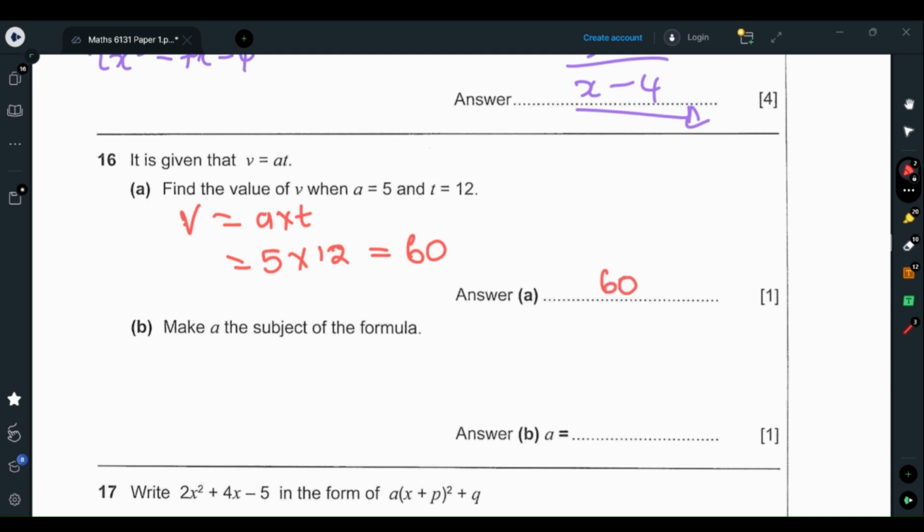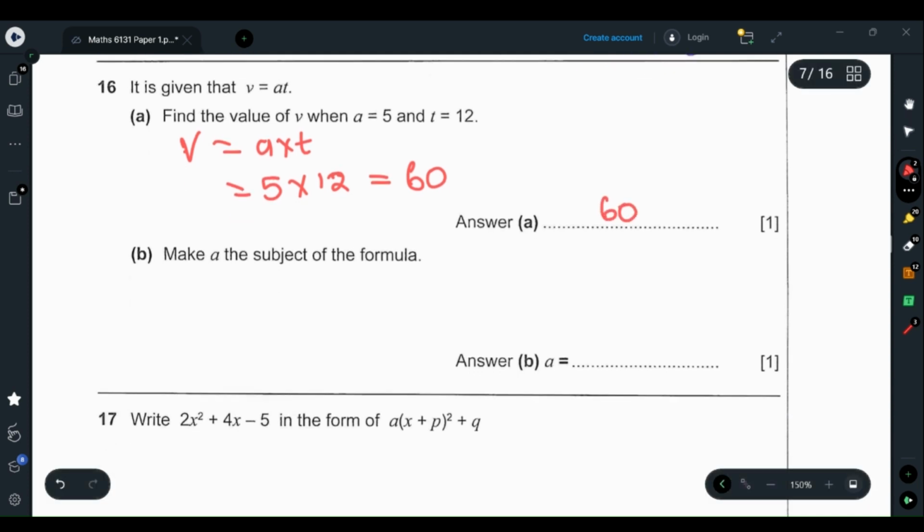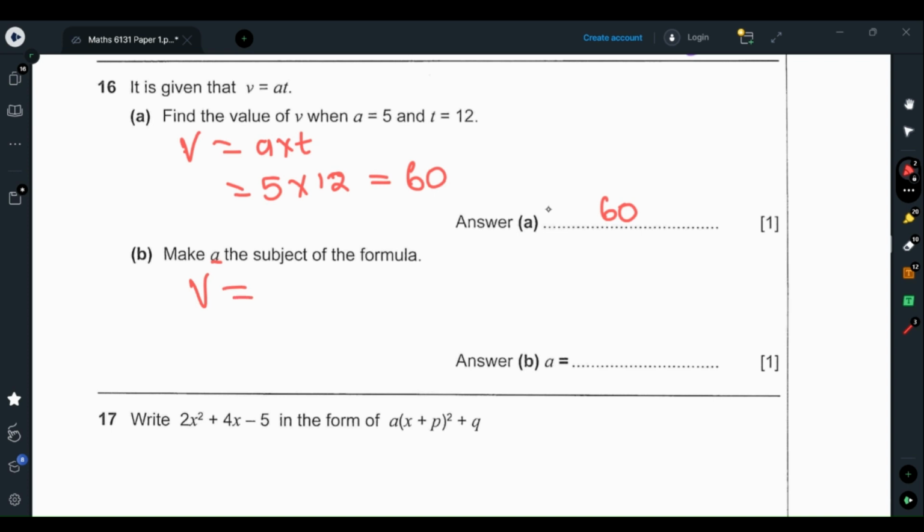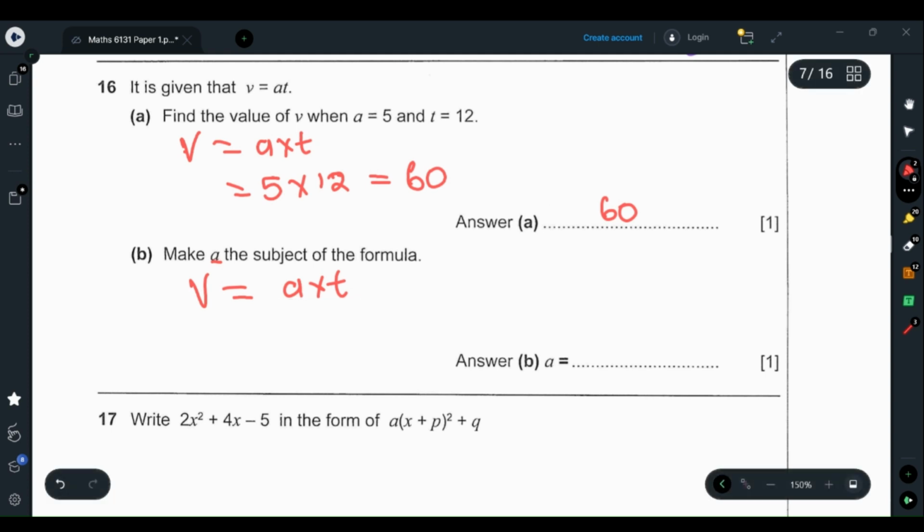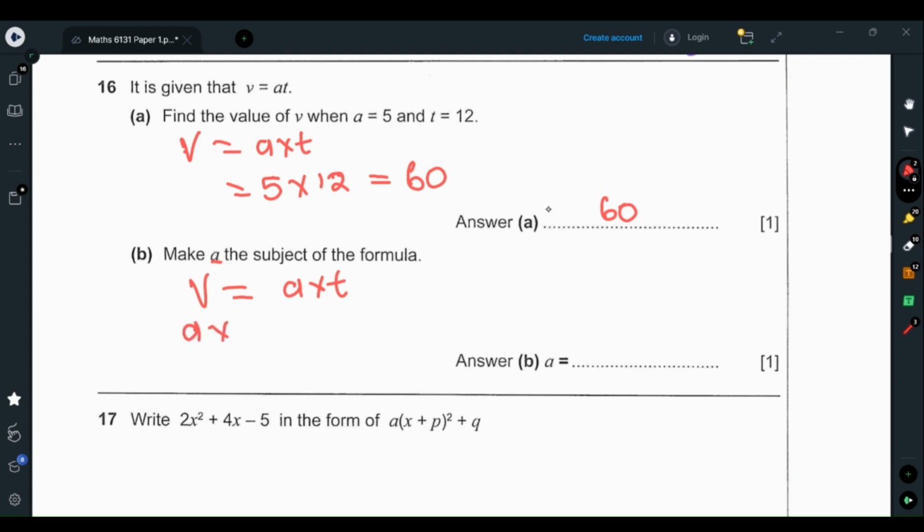B, make a the subject of the formula. We have v is equal to a times t. It's the same thing as at. If I want a to be the subject of the formula, I want it alone, so I can rewrite this as at equals v.